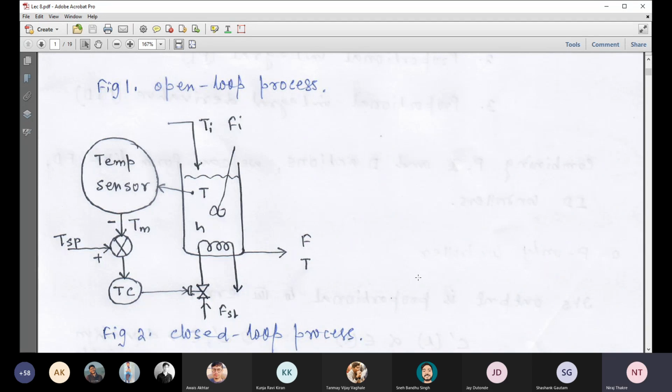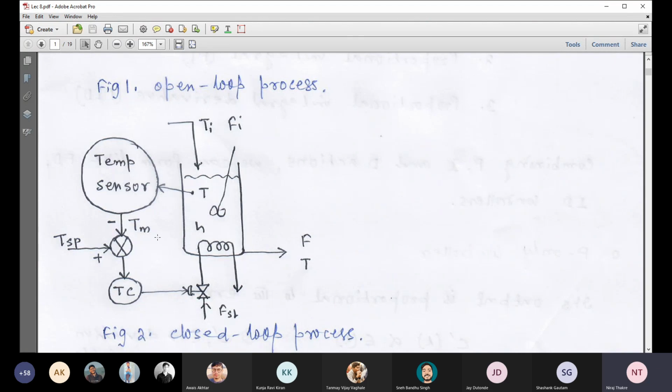One thing you see here, our actual temperature we are representing by capital T, but after measurement we are representing that temperature by capital T suffix M. In practice they are not identical, but sometimes we assume that they both are identical, because the temperature sensor has certain measurement errors.